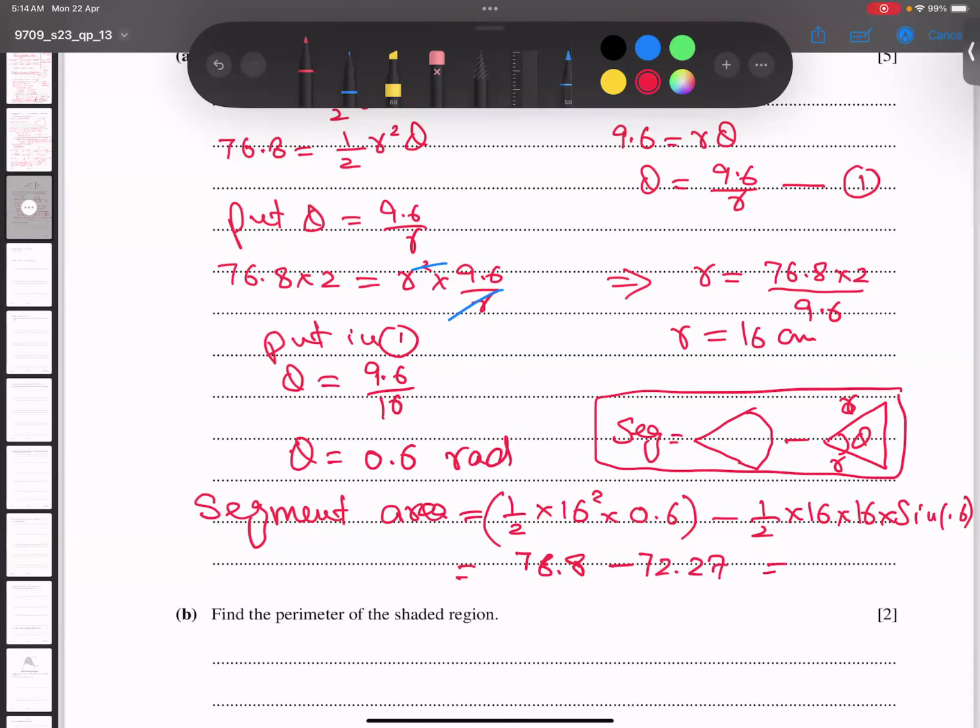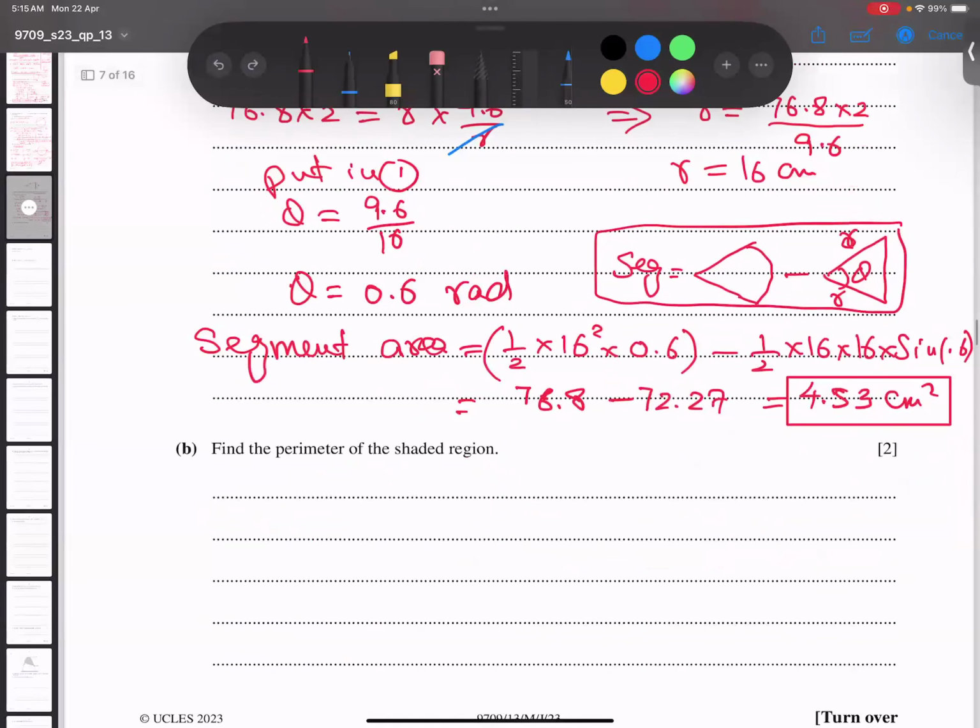After subtracting, I get 4.53 centimeters squared. So in this, we can check your mistake. I just mentioned here, students, that this is the segment area answer, and the area of the triangle is this much. I think you got the point.